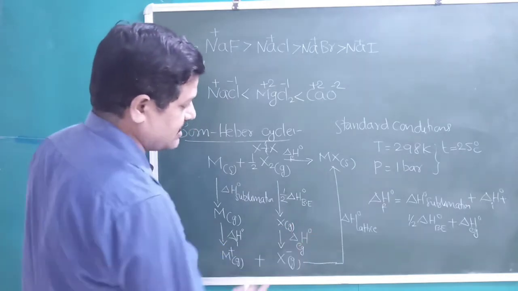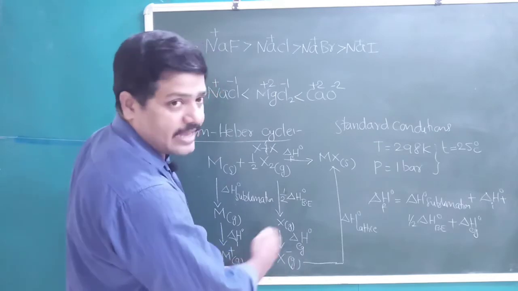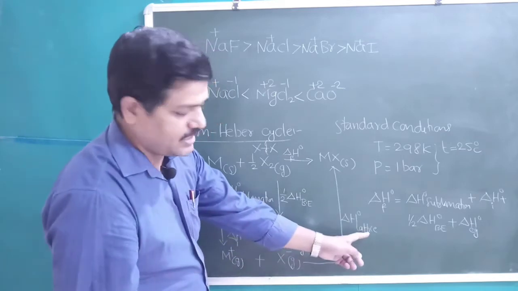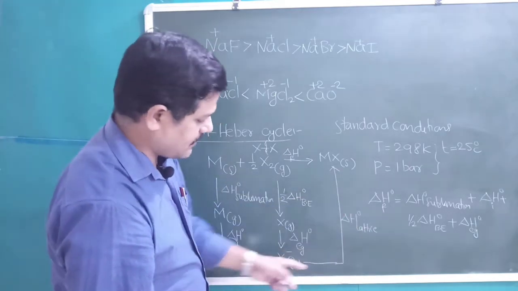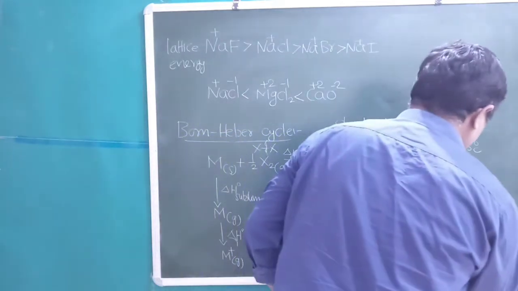Okay, standard condition. Then these solids, these cations and anions are packed in the crystal lattice. The energy released, the enthalpy change accompanied with this process is delta H naught lattice.